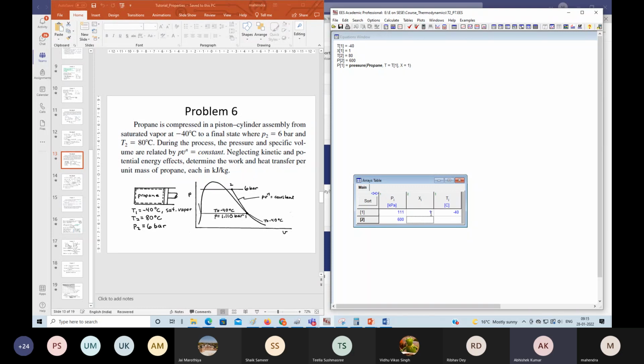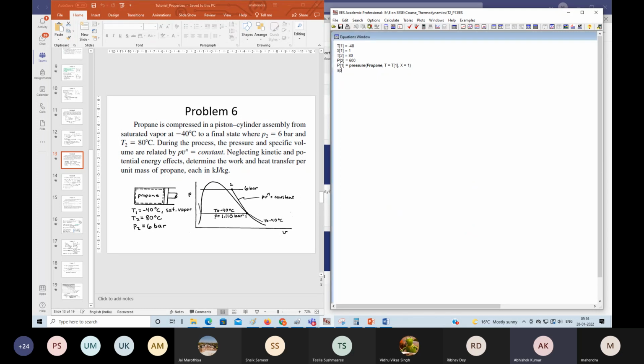Fine, then what do we need to do? We need to find out the specific volume here. The specific volume of state 1 is simply volume, right? Again the fluid is propane.